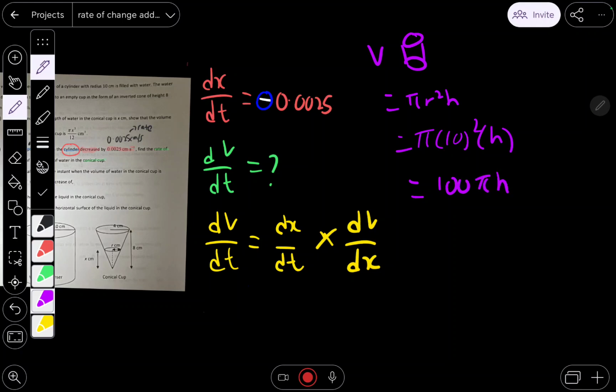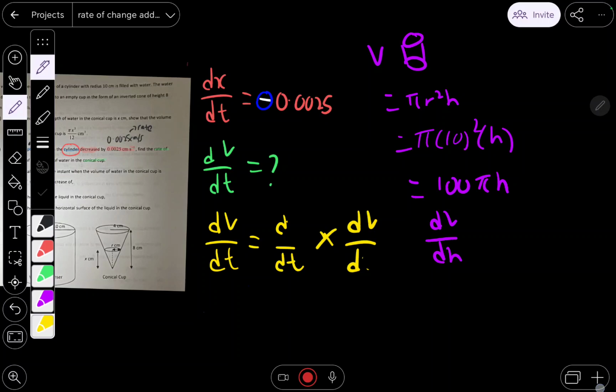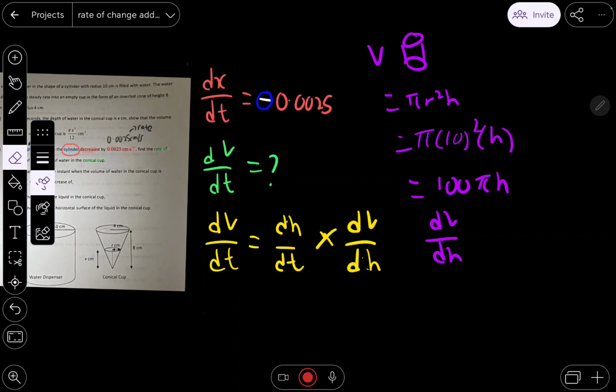Okay, so let's differentiate now. dV over dh. Let's change first, so this will be dh/dt, dV/dh. I'm so sorry, I'm gonna remind you not to copy first. For part C, don't copy, I want to wait until my answers are finalized.